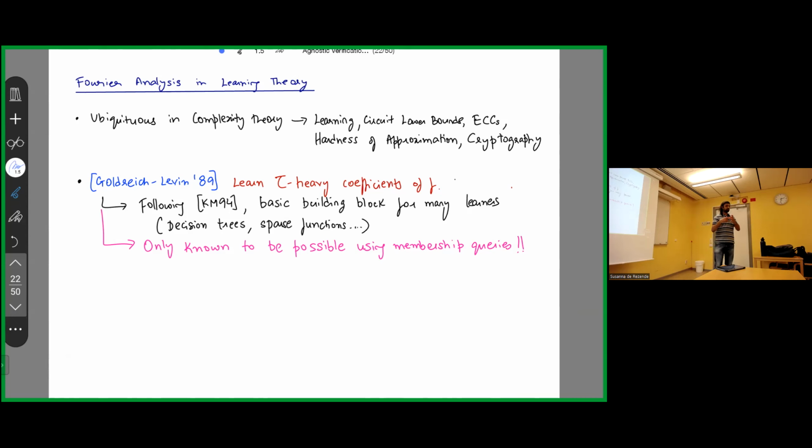This is one of the basic building blocks in learning theory, which is used to learn multiple classes like decision trees or sparse functions. And so far it's only known to be possible using query access to the function.